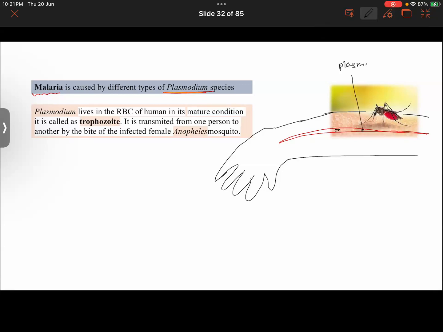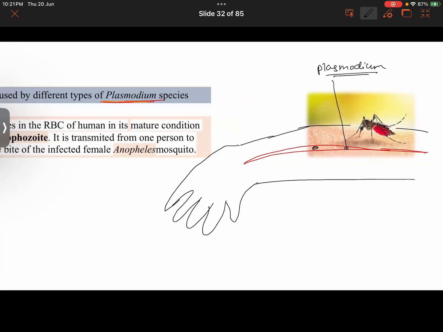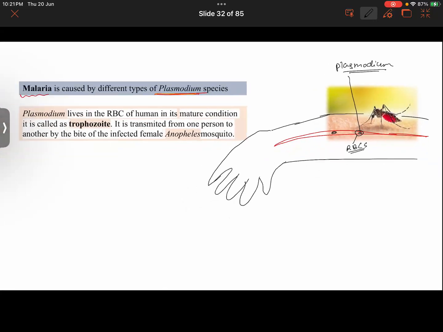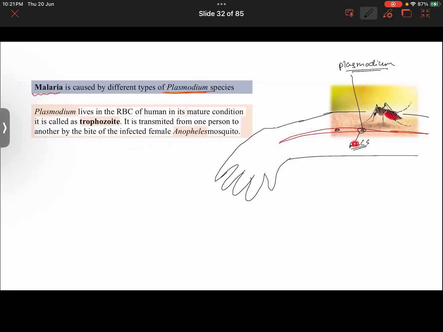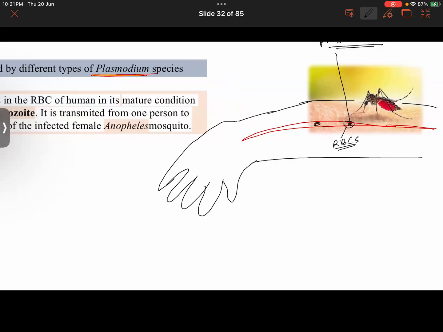You guys are understanding what I'm trying to explain? Yes, sir. So Plasmodium, which is a protozoa, would be found living in the blood. Where exactly in the blood? It would be found living in the red blood cells, RBCs in short. So when this Plasmodium living in the red blood cells is sucked by this mosquito, it goes into the belly of the mosquito, and its proboscis.